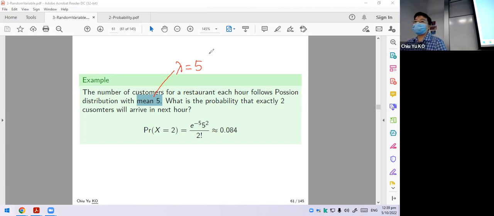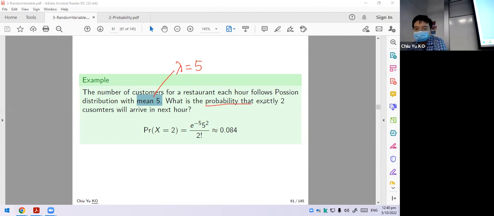The 5 comes from data. The data tells you historically this is 5. Using the data, you form your model and say, let's say Poisson would fit this well. Under this Poisson assumption, with 5 from the data, we can predict the future, which is the following.